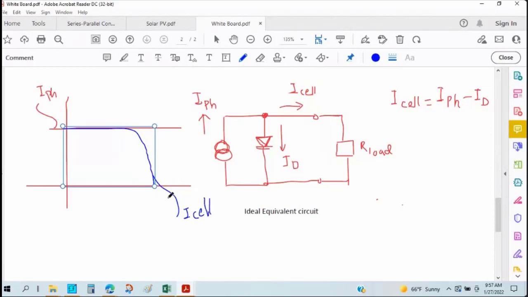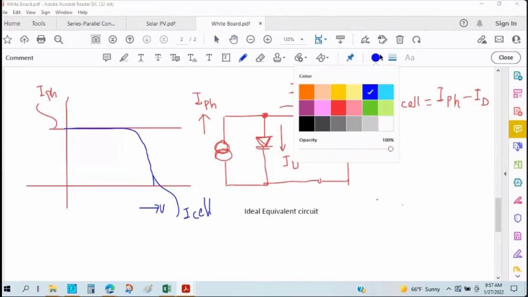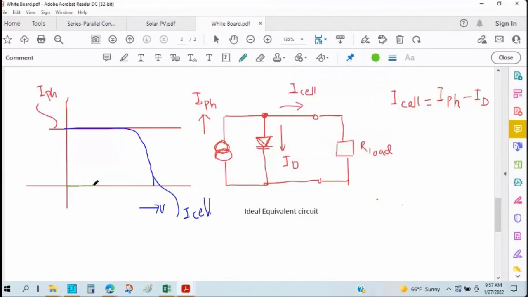Actually, we know this shape already, right? If we draw the voltage curve, and let's think that the diode current will be like this one. Okay, is it clear? Yes, sir. And this one is the diode current.